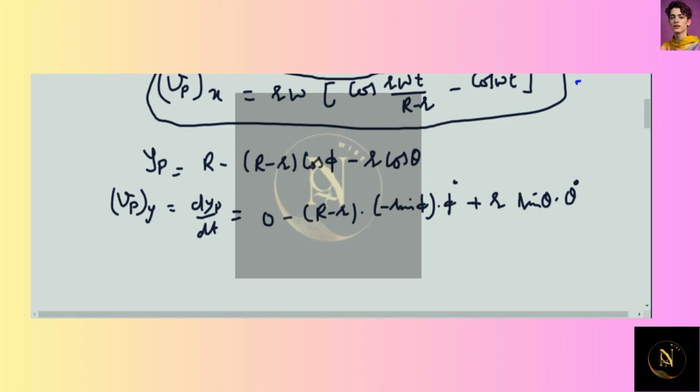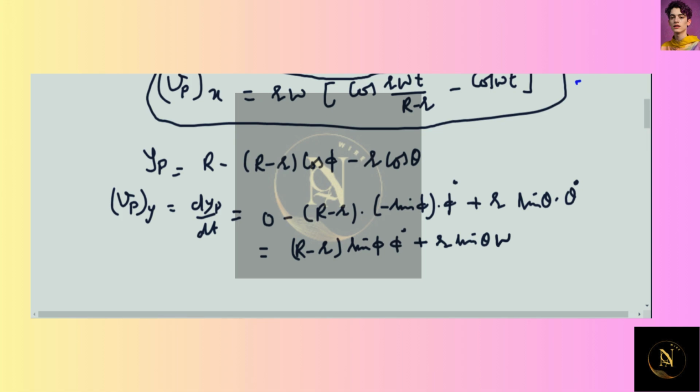Theta dot is omega, and phi dot we know. So (R minus r) sin of phi times phi dot, and this is r sin theta into omega. Now phi and phi dot you may substitute here.